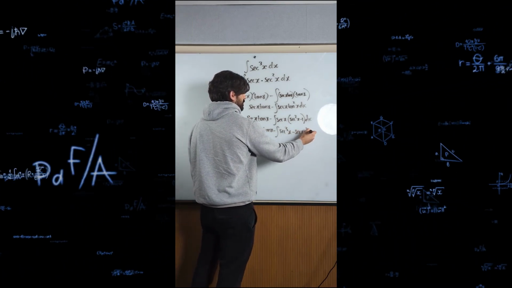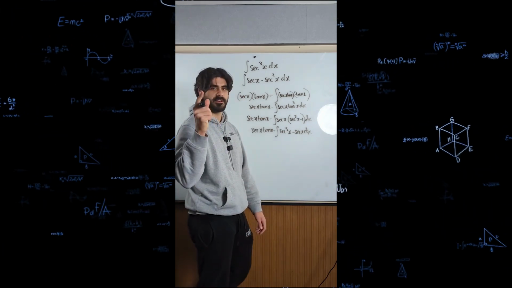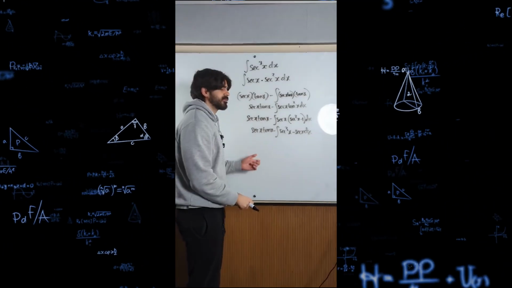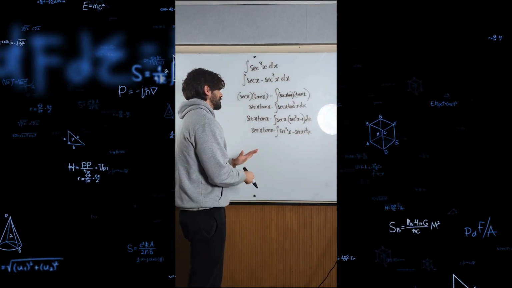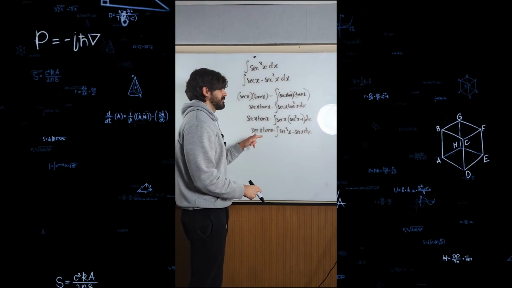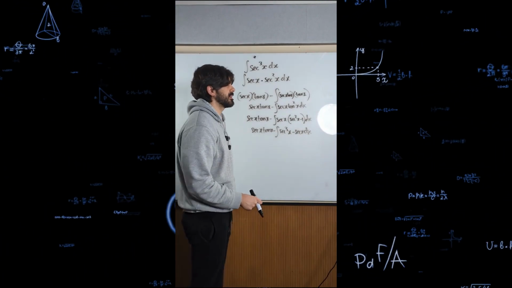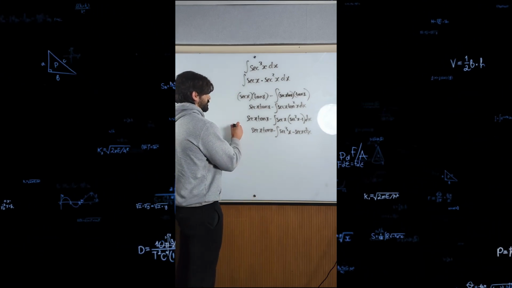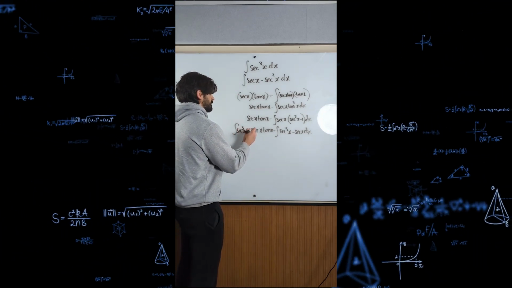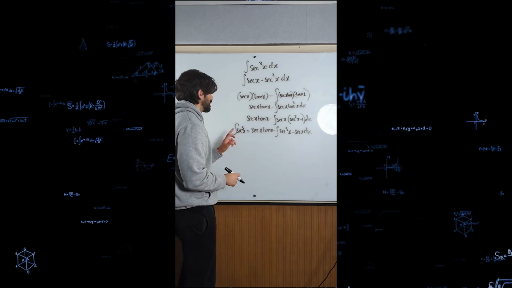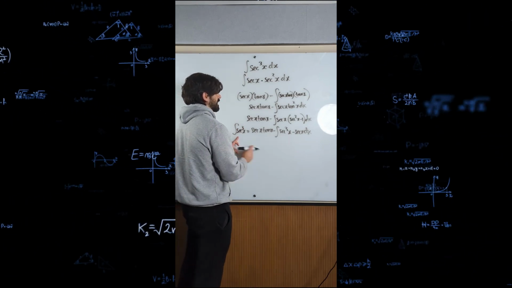Wait, I've gone in circles. Shout out Mac Miller, RIP. I wanted to integrate sec cubed, but I've got sec cubed back into my integral. So this is a cyclic integral. I'm not writing dx because I can't be bothered. This and this, we can collect the like terms.